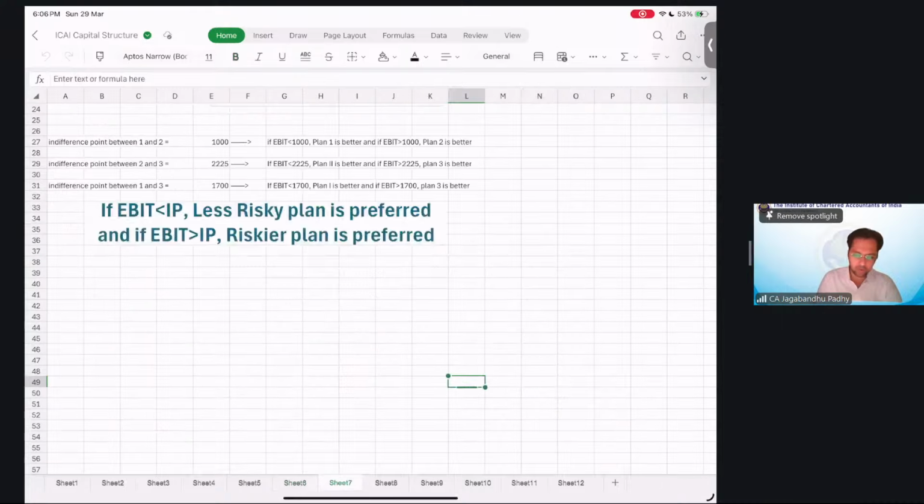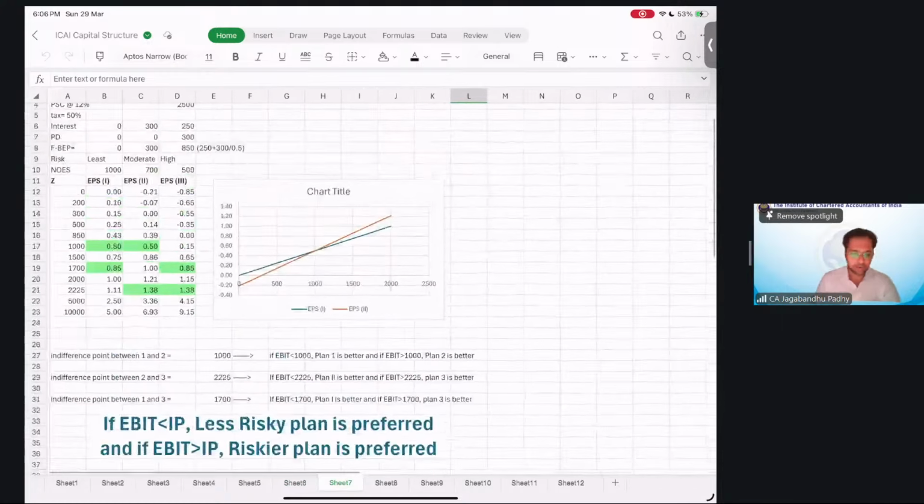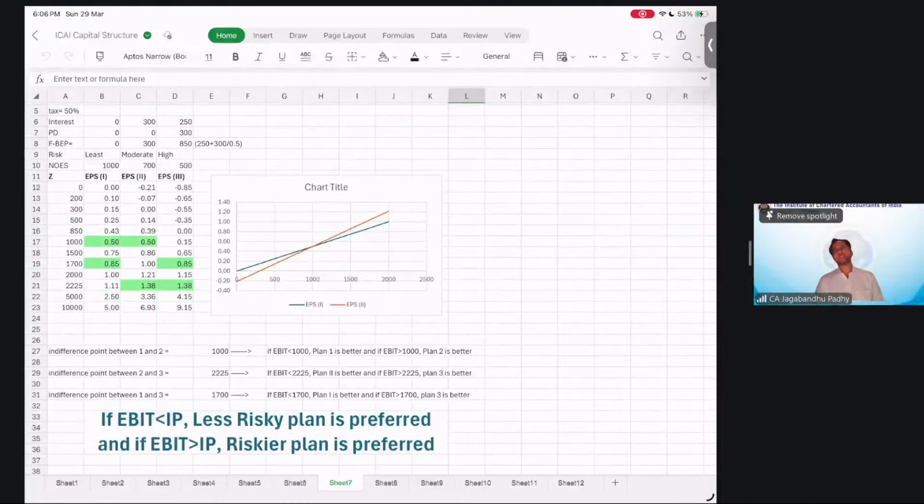The important part is that if your expected EBIT is less than the indifference point, the less risky plan is preferred. And if your EBIT is greater than the indifference point, the riskier plan is preferred.